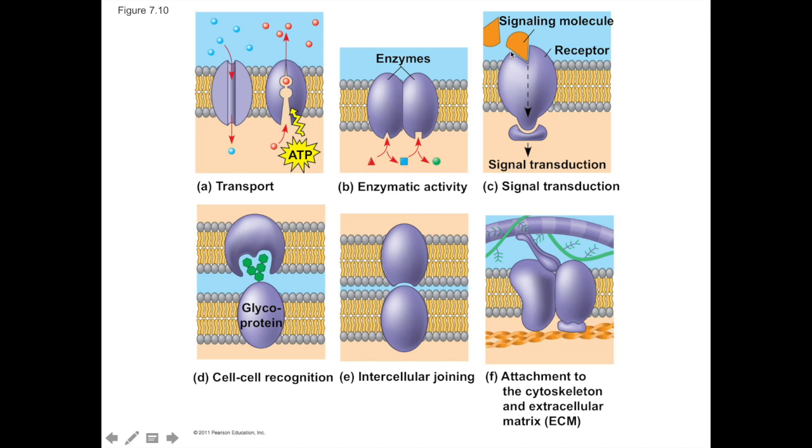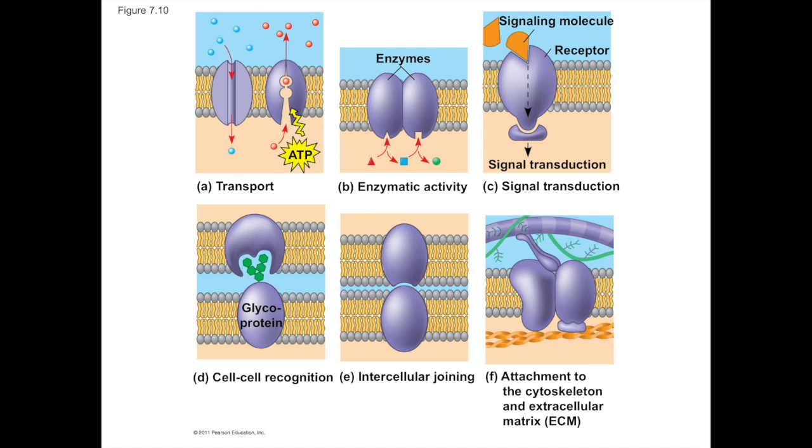So the signaling molecule binds to the receptor, and that tells the receptor to change on the inside of the cell. It's kind of like the signaling molecule is ringing the doorbell, and this piece here is getting detached because of the doorbell ringing, which means that the cell is now going to do something in response to that signal.